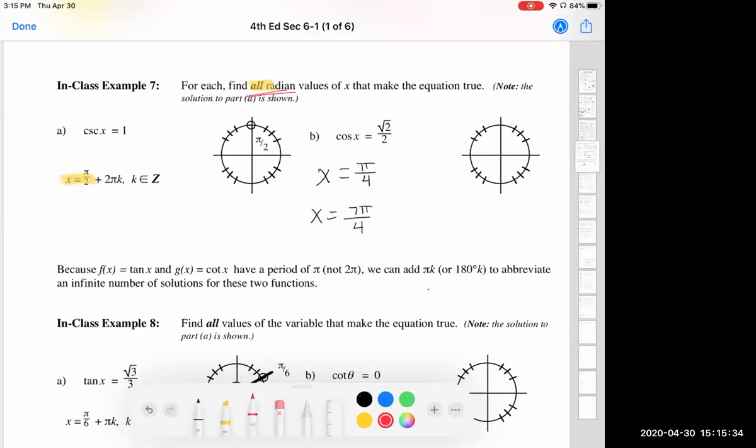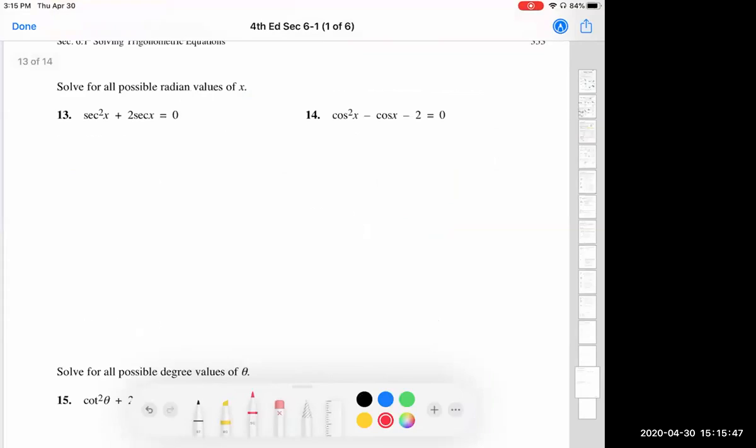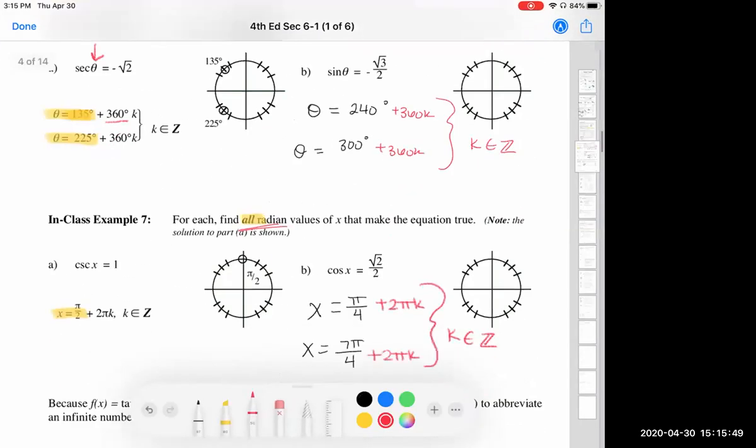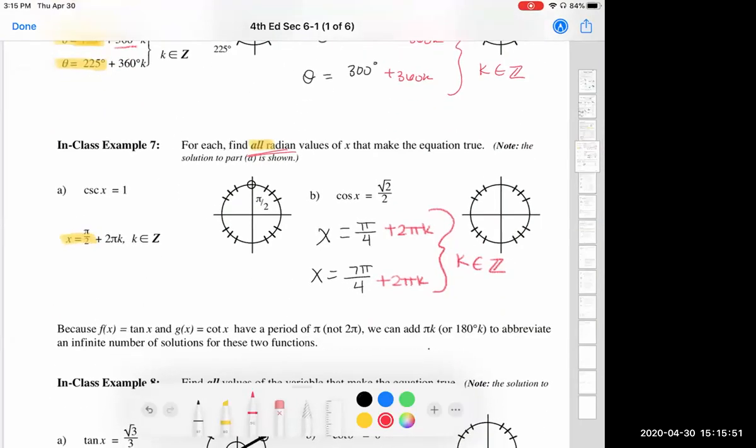And we're going to add plus 2 pi k, where k is contained in your integers. And again, the whole time you're looking at the unit circle to see where cosine is positive square root of 2 over 2.